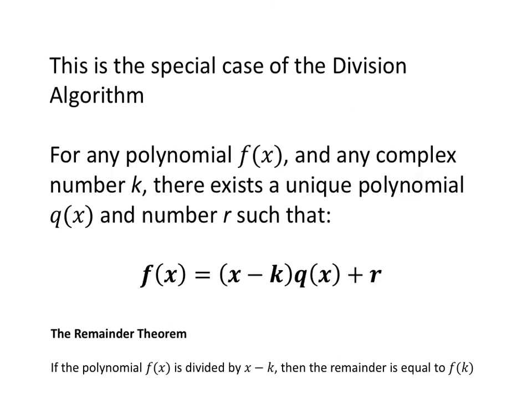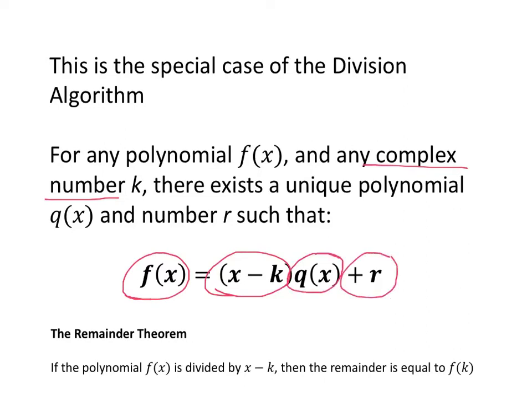So for any polynomial and any complex number k, remember that a complex number can include an i as well, we've got some unique polynomial, so that here's that formula I just wrote. My original one is equal to the thing you're dividing by times the answer you get plus your remainder.